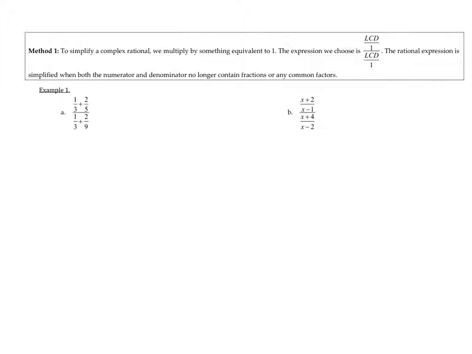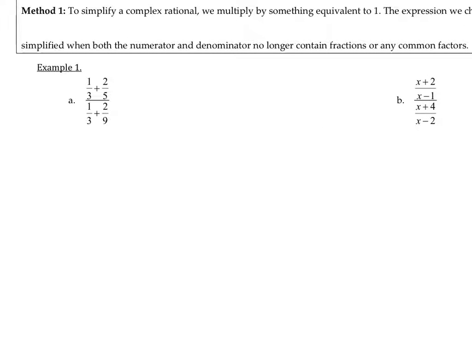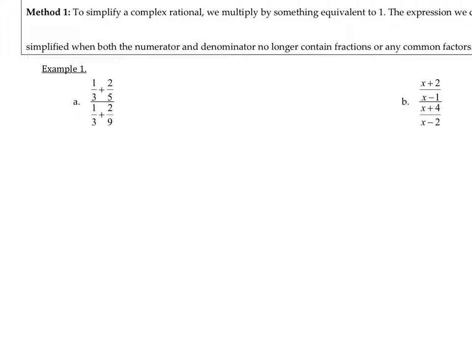Let's take a look at how it works with numbers. In this first example, we have a third plus 2/5 over a third plus 2/9. So we need to find the overall lowest common denominator. We're looking at the LCD between 3, 5, 3, and 9. Those are all four of my denominators.